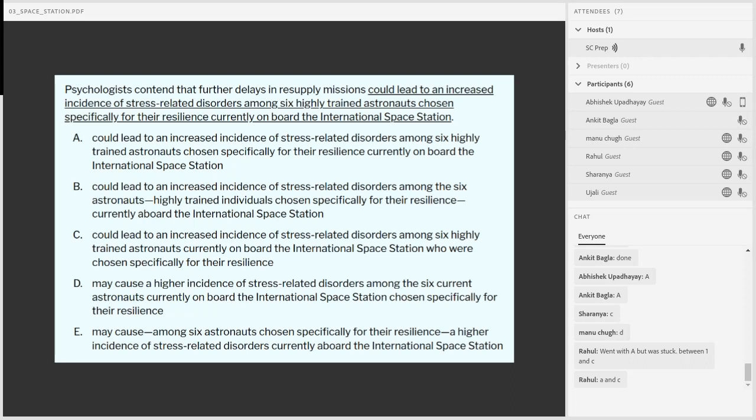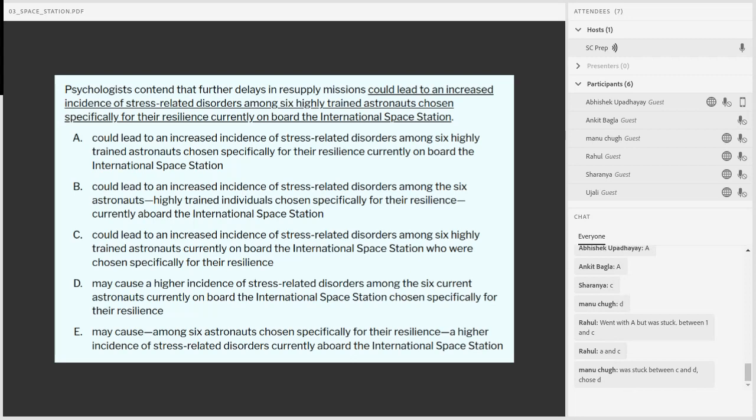It's quite spread out. So I'm seeing answers for A, C, D. Went with A, but was stuck between A and C. Stuck between C and D, chose D. Got it. Okay, so what that probably means is this is a high difficulty question.